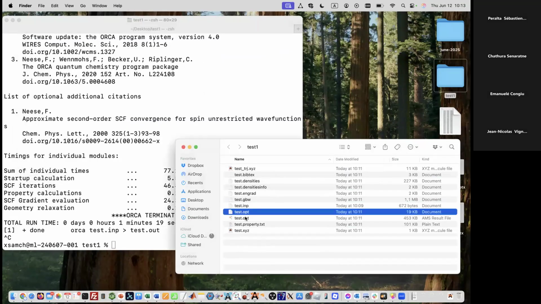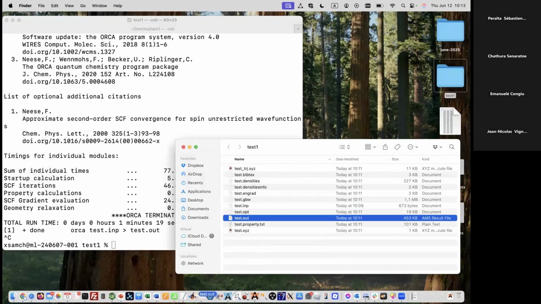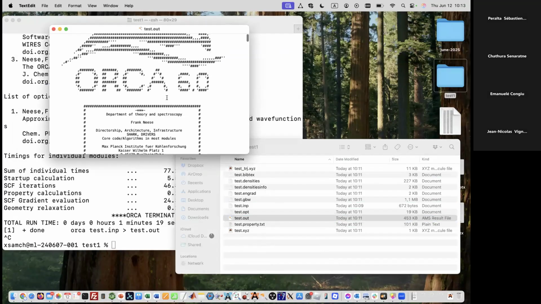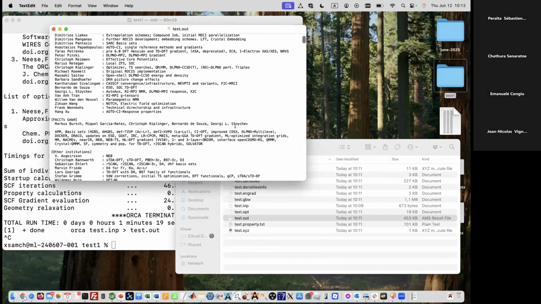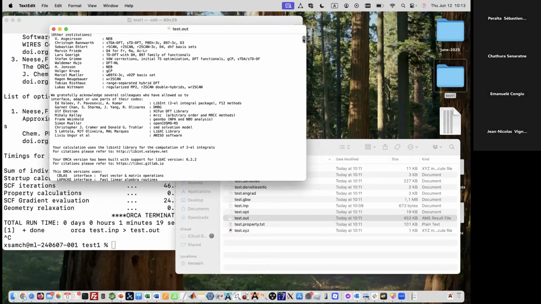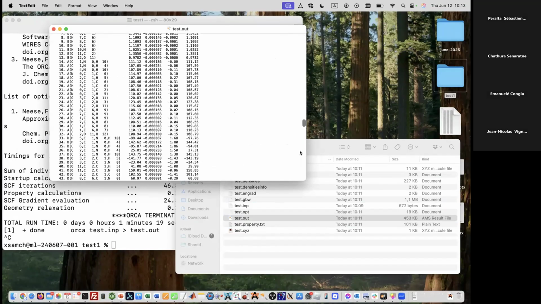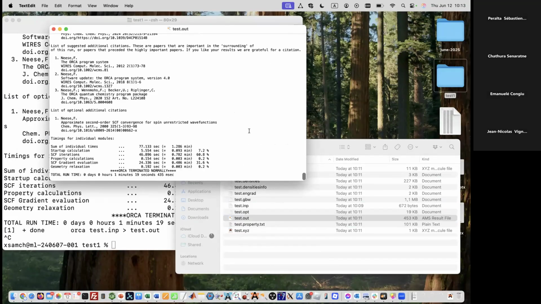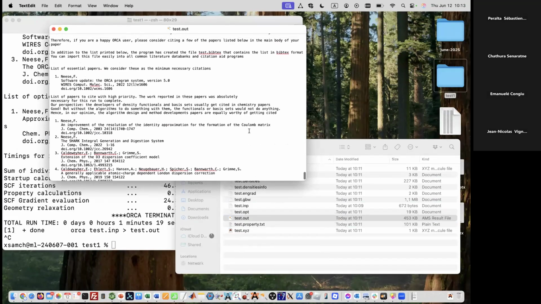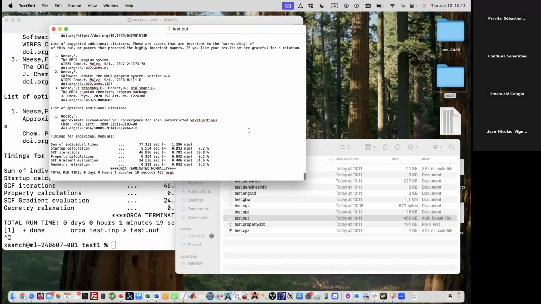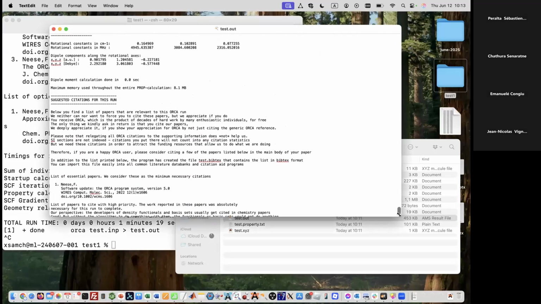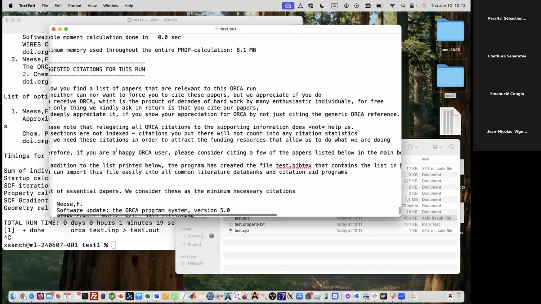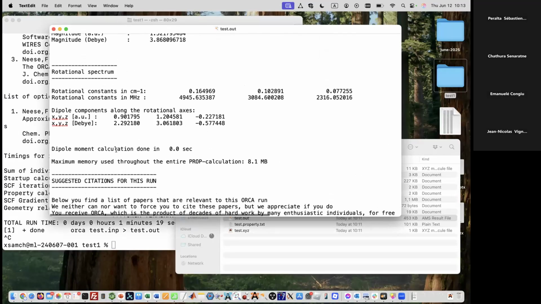I want to look at the OUT file. Now if you go up a little bit from the bottom of the file, you will see some properties.